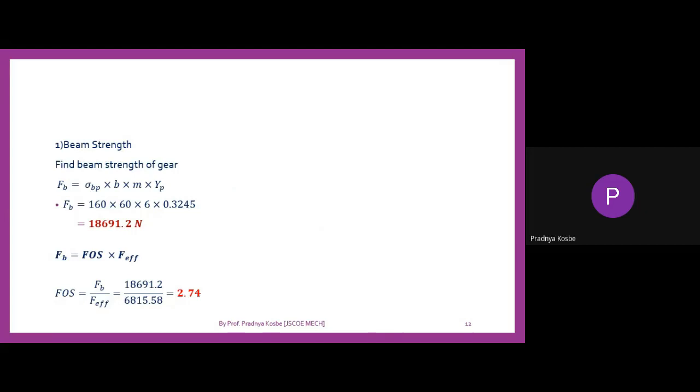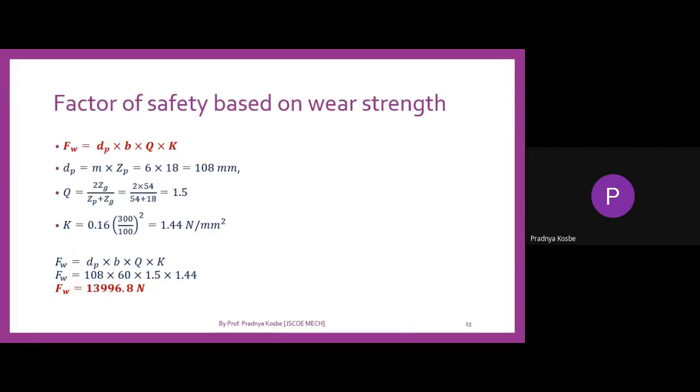Next, factor of safety based on wear strength or based on pitting failure, right? Now, Fw, you have to calculate, that is the wear strength. What is the formula for wear strength? It is dp b Q K. dp is the pitch circle diameter of the pinion, b is the face width, Q is the ratio factor, K is the load stress factor.